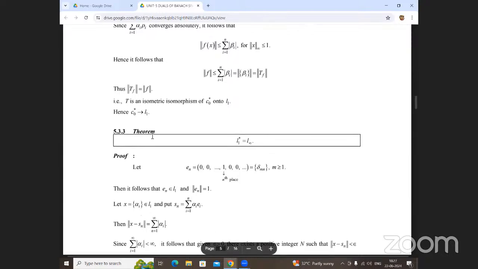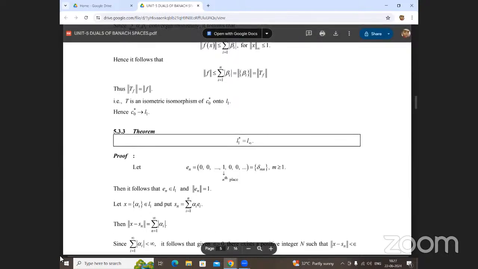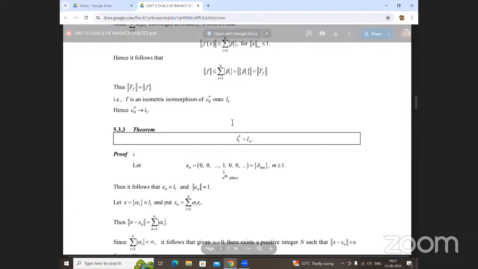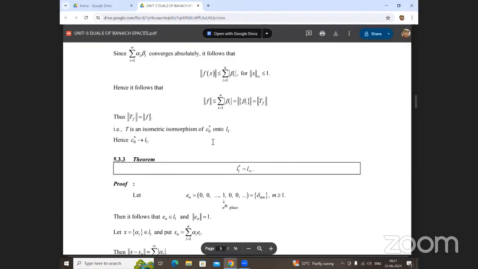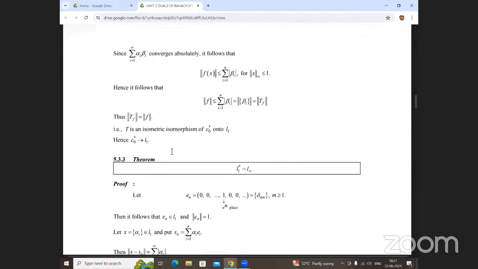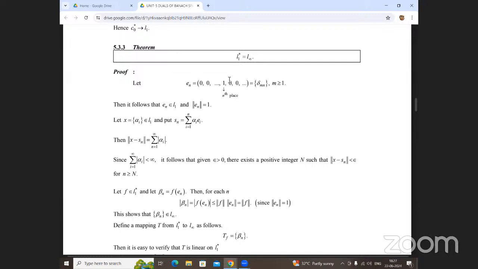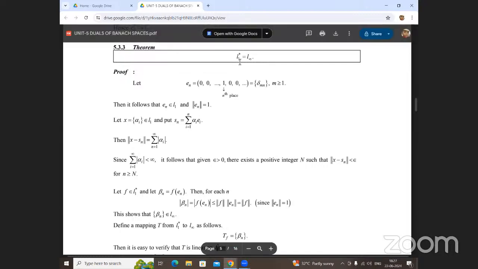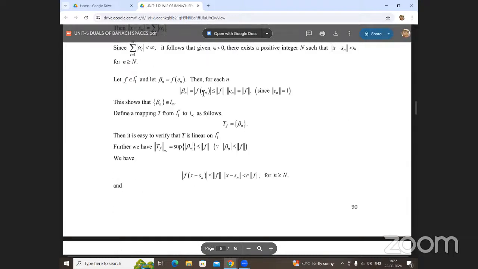These two theorems are very important, and another one is 5.3.3. That is simple to understand. This is l^1 star, the linear space of the first dimension, and its dual equals l infinity. The dual of l^1 equals l infinity. That is theorem 5.3.3.